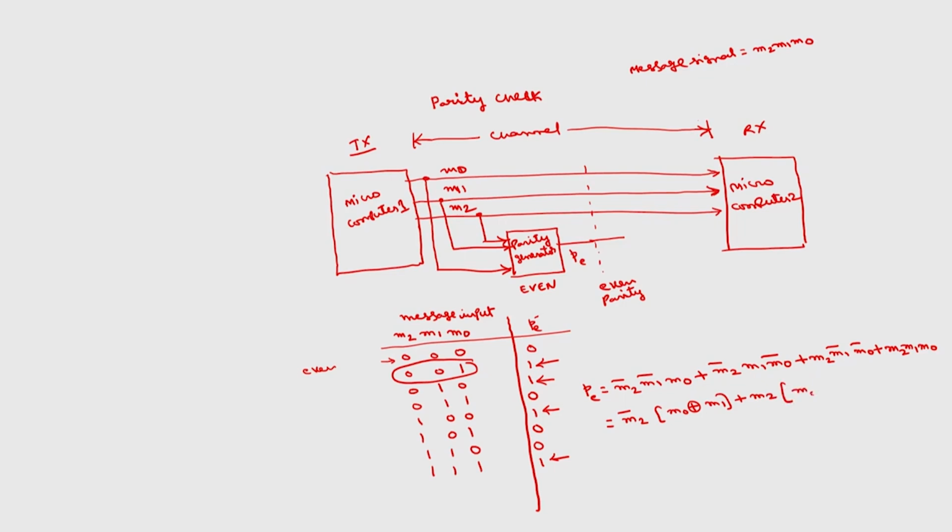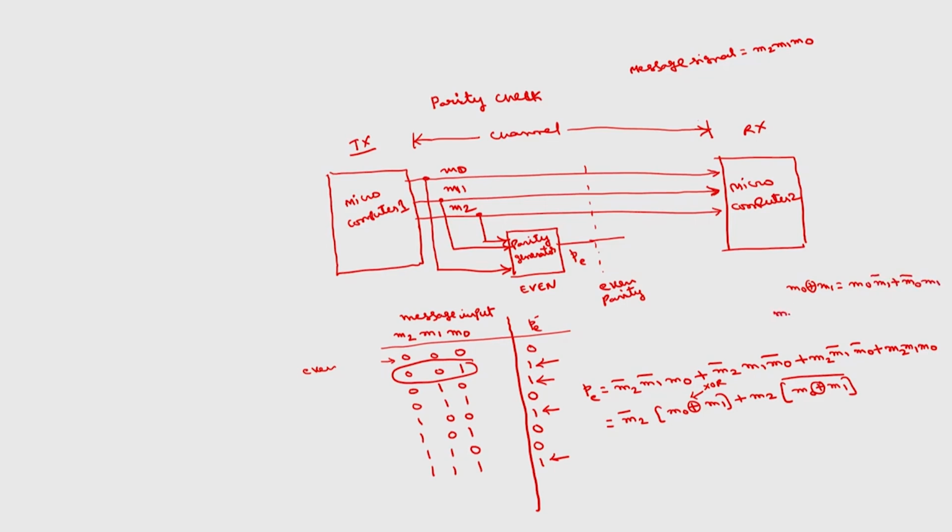this is the complement of exclusive OR of M0 and M1. This will be now the whole bar, because we know that M0 exclusive OR M1 is M0 M1 bar plus M0 bar M1.